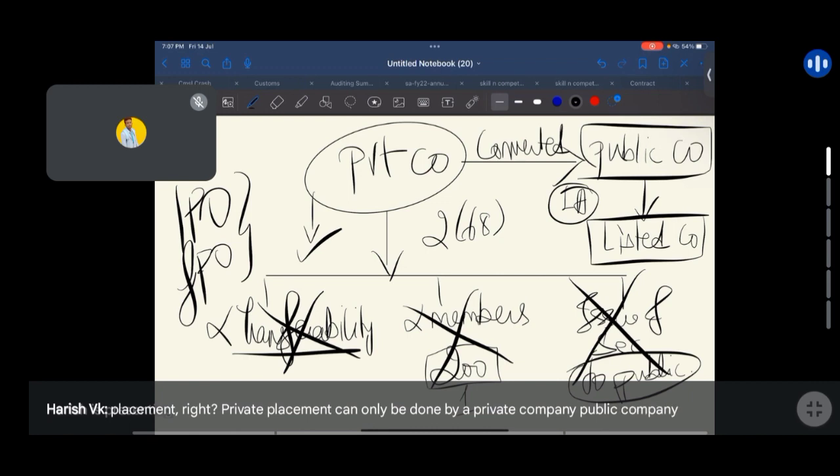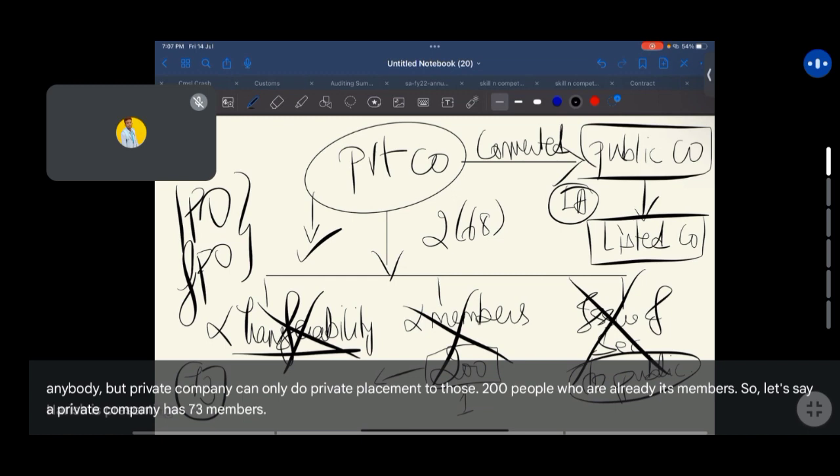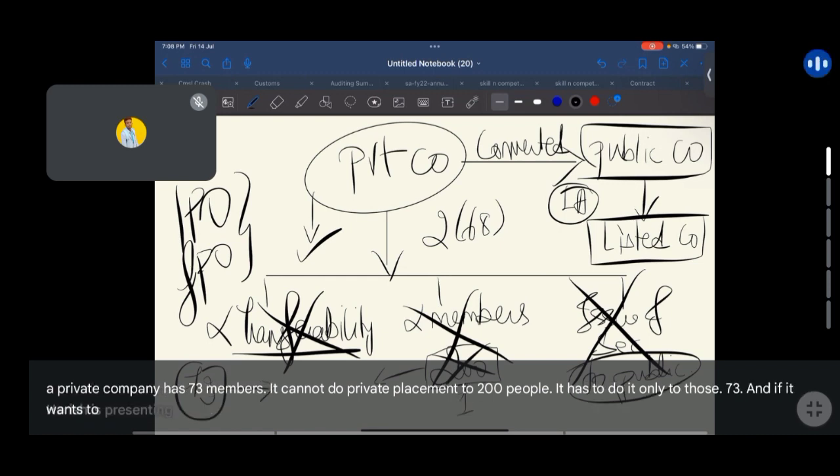Public company can do it with anybody, but private company can only do private placement to those 200 people who are already its members. So let's say a private company has 73 members. It cannot do private placement to 200 people. It has to do it only to those 73. And if it wants to increase its shareholders, yes, it can, but it cannot do public issue. So it has to invite another 127 people to invest in its company privately.